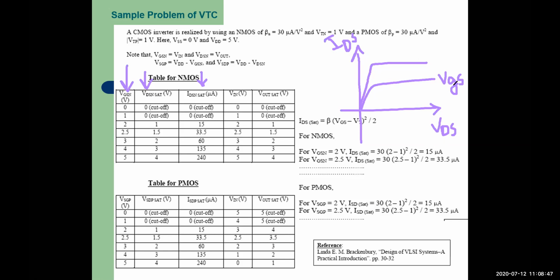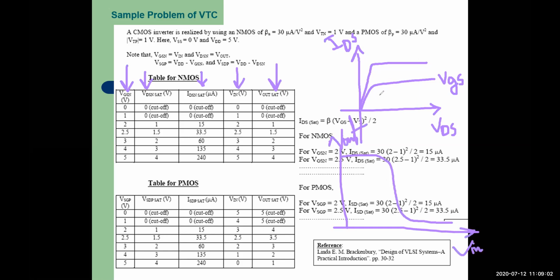And we need two more things: one is V in, another one is V out. Why? Because our other graph is this one. This graph has V out and V in. So five things we need to find out: IDS, VGS, VDS, V out, V in. Okay?